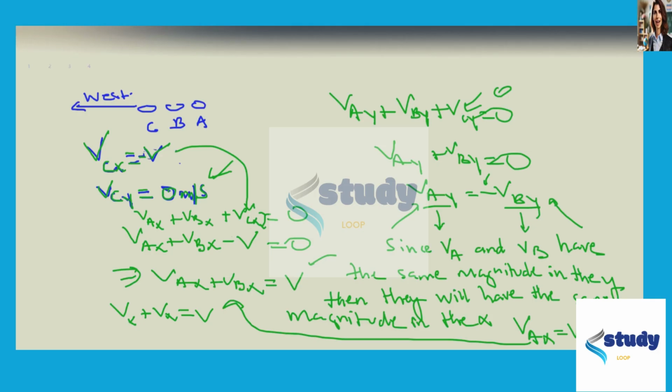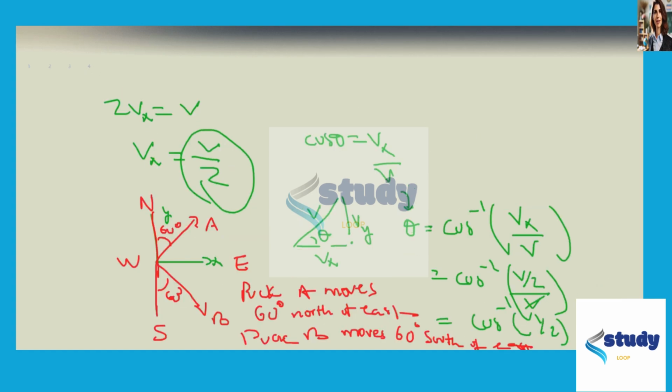And so it shows us that packs A and B are moving in opposite directions, but they have the same magnitude. So they'll also have the same magnitude in the x, and that's going to be the vx component of the velocity.